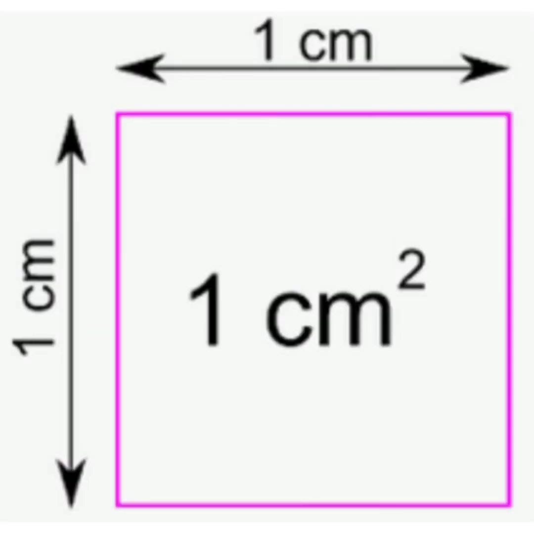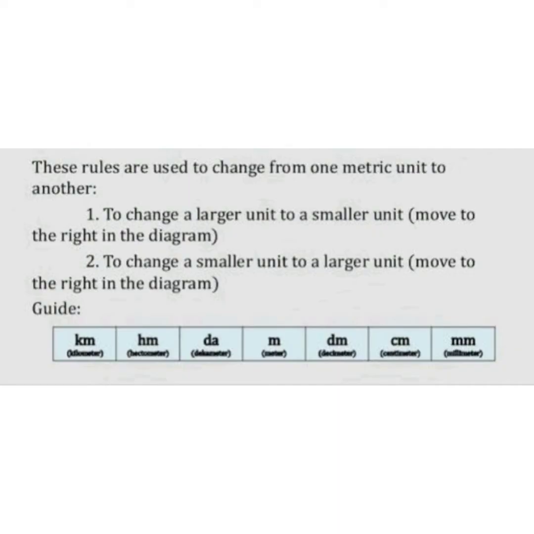Smaller areas such as a piece of paper are measured in square centimeter. Larger areas such as a city or a country are measured in square kilometer or hectare.